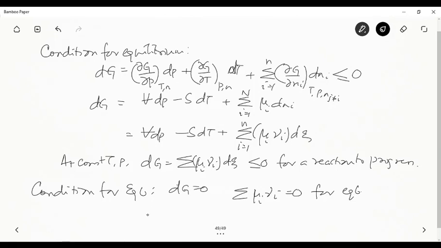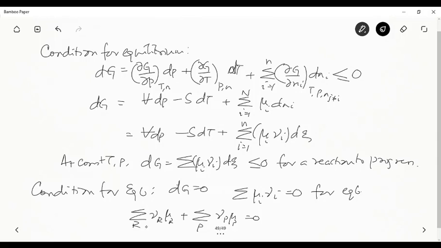So what does this mean? For the reactants, you will have the summation over all the reactants of nu r mu r plus the summation over all the products of nu p mu p equal to 0. Since these nu r's are negative, they can be taken to the other side. So it can be written as the summation of minus nu r into mu r, and minus nu r is positive.